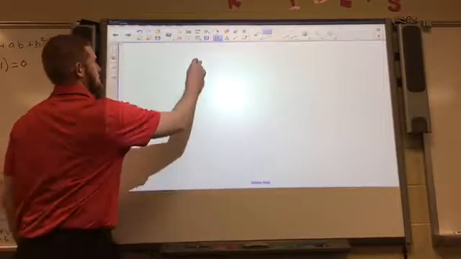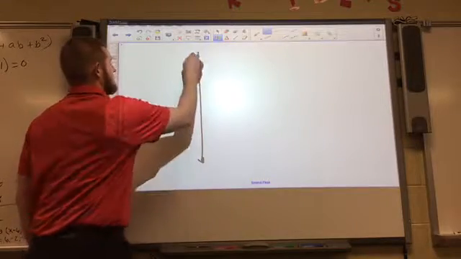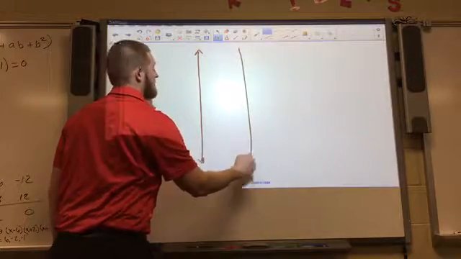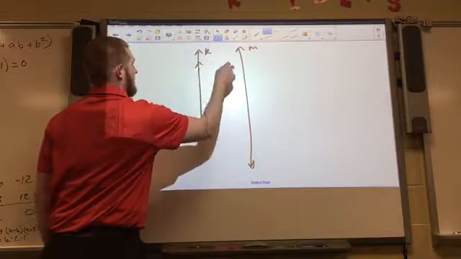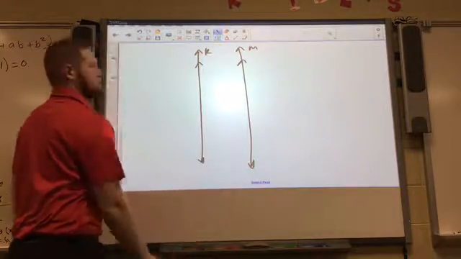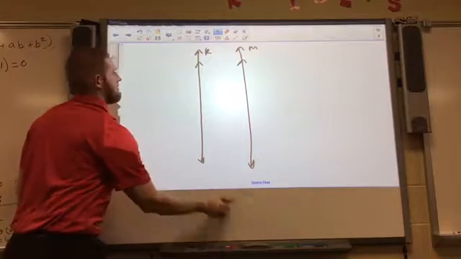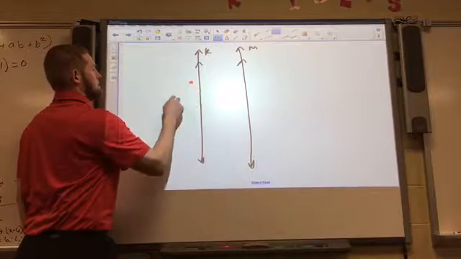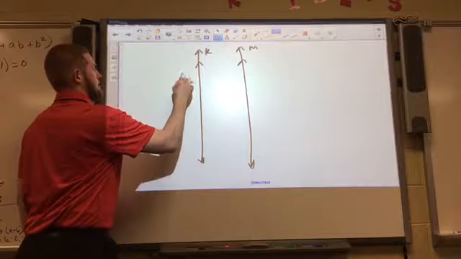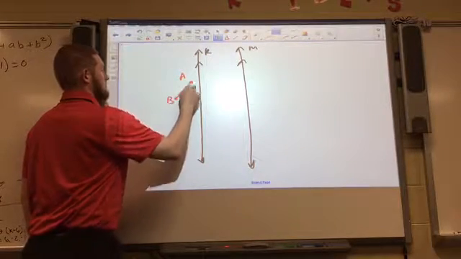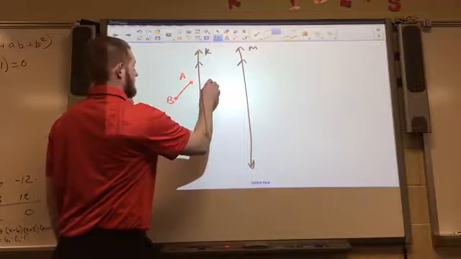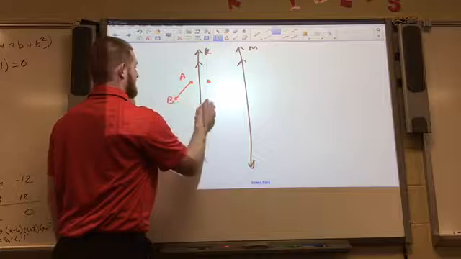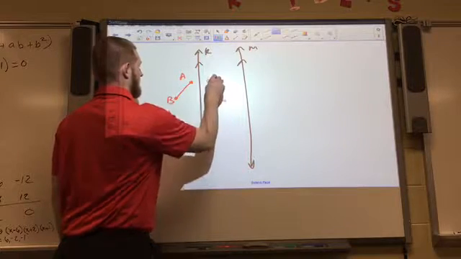So what this tells us is that if I have two lines K and M and they're parallel, and then I have segment AB, if I reflect that one time over K, then I get what?